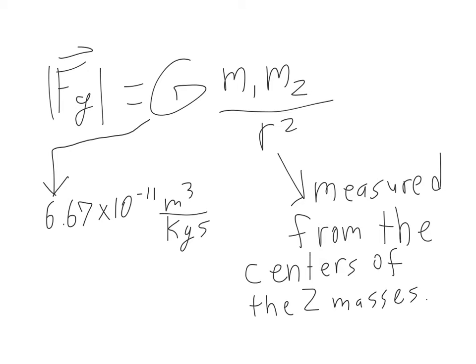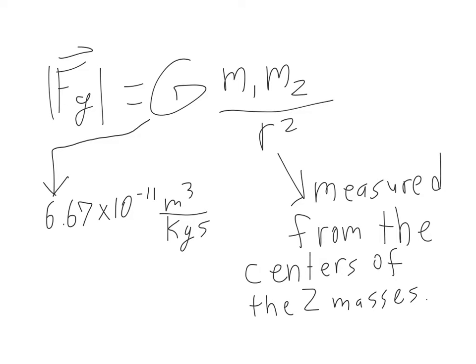Based on Newton's observations about how mass and distance affected this force of gravity, he arrived at this equation right here. And we've seen this in class from our own investigations. So on the left-hand side, this is the force of gravitational attraction between two masses, and it will be equal to this capital G, which is the universal gravitational constant.